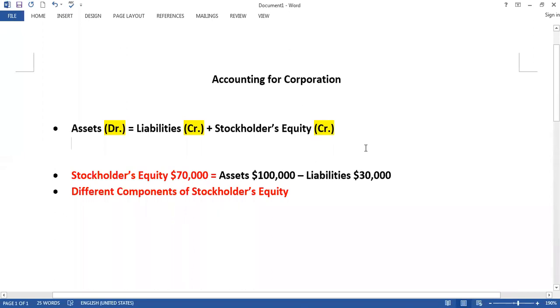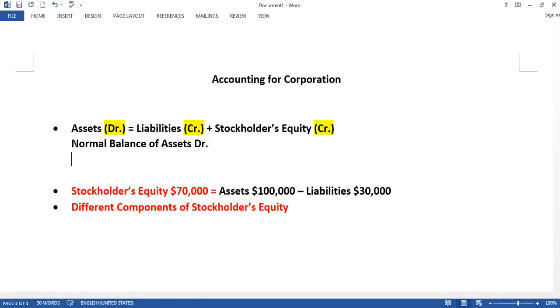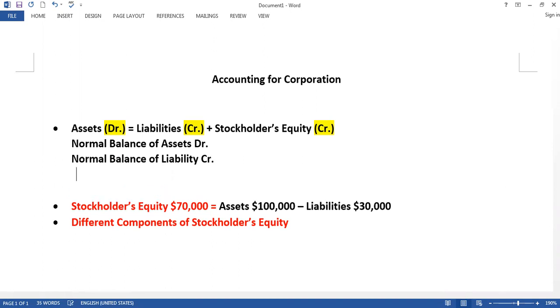So that means the normal balance of assets is debit, the normal balance of liability is credit.